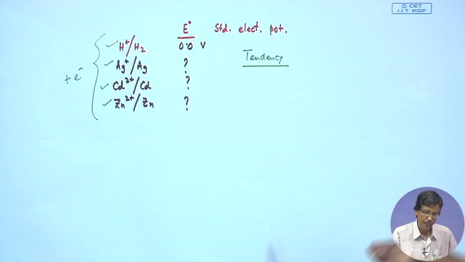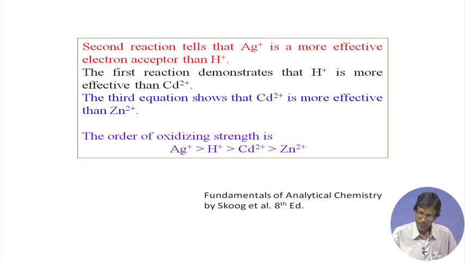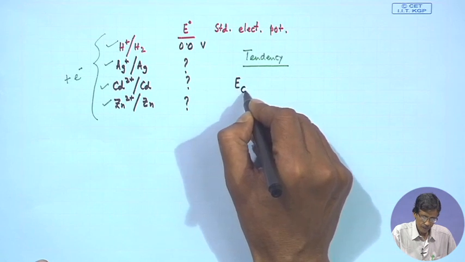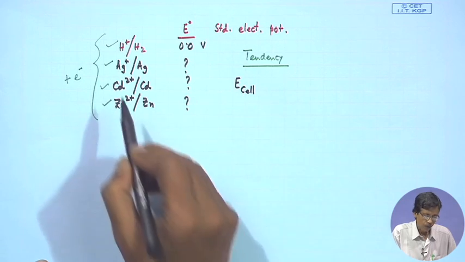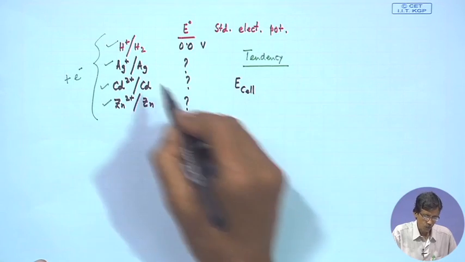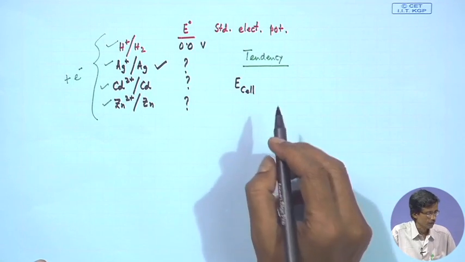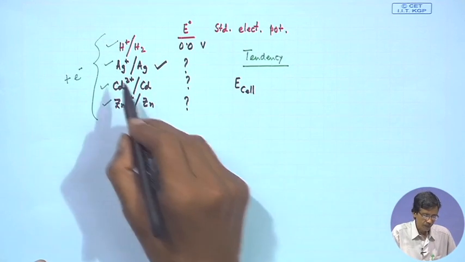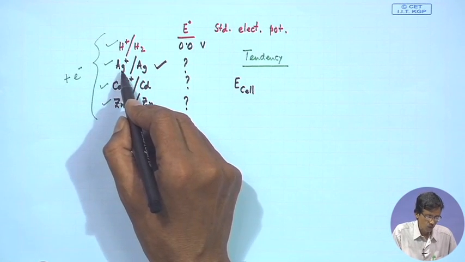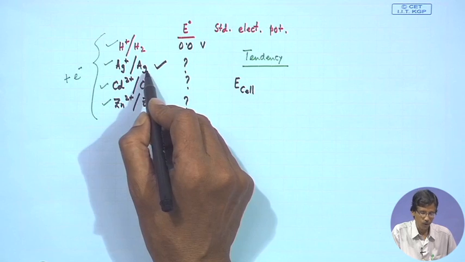And that standard electrode potential we have to determine, and how we determine that is very simple. E cell we have to measure, with respect to the hydrogen potential, for the second species. That means this one will go for its corresponding reduction, silver 1 will go for silver 0.